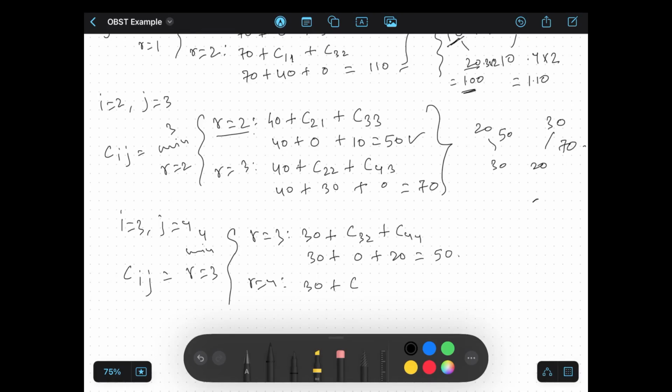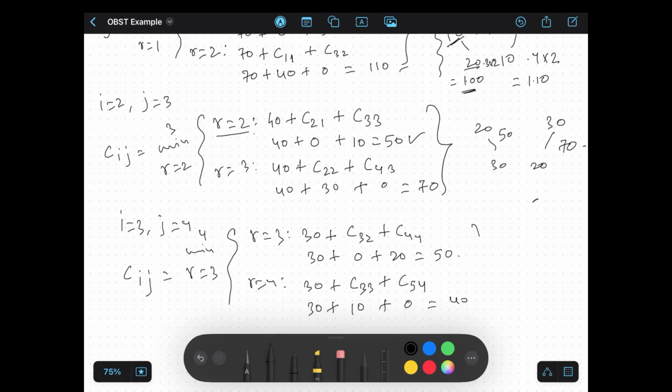Similarly, this came out to be cost of i is 3 and r minus 1, 4 minus 1 is 3, plus cost of r plus 1, which is 4 plus 1, 5, and j is 4. So then this is 30 plus 10 plus, this is boundary condition because r plus 1 is greater than j.